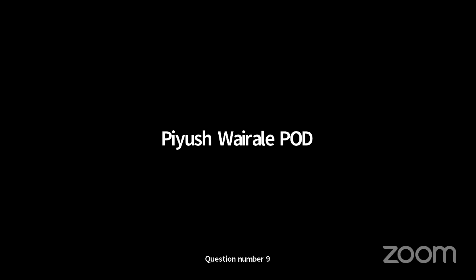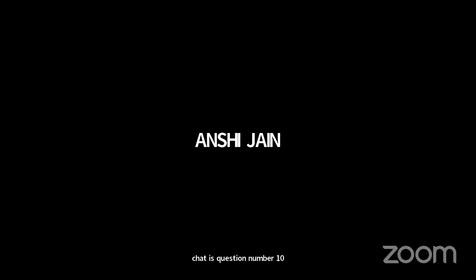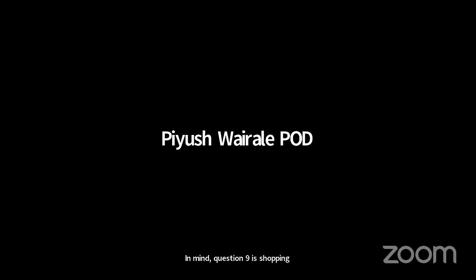So is it just an error, or is it the right question? Question number 9 is regarding the sanity of data. Chart is question number 10. In mine, question number 9 is the shopping bills data set. Maybe some randomized questions are there.